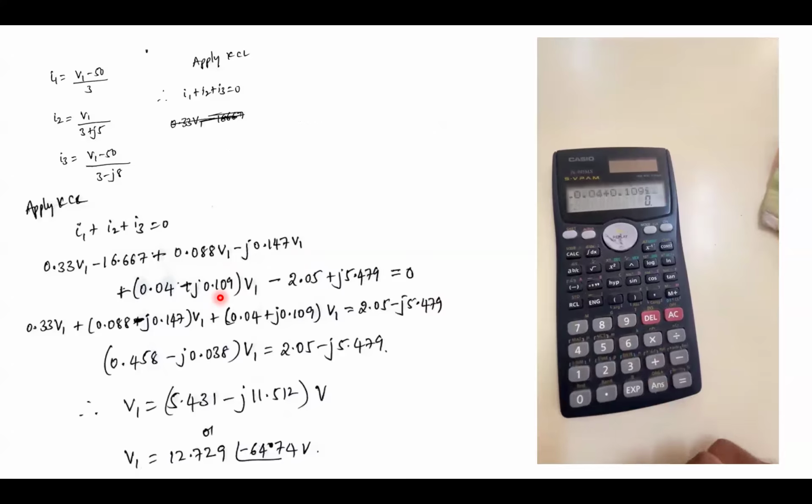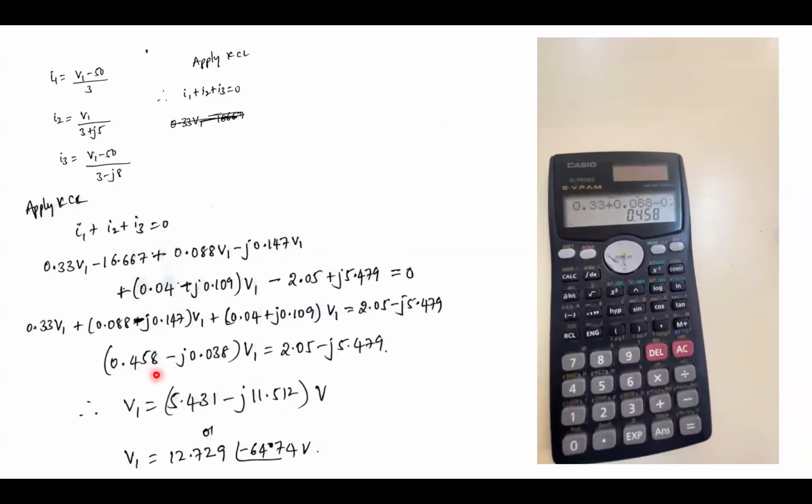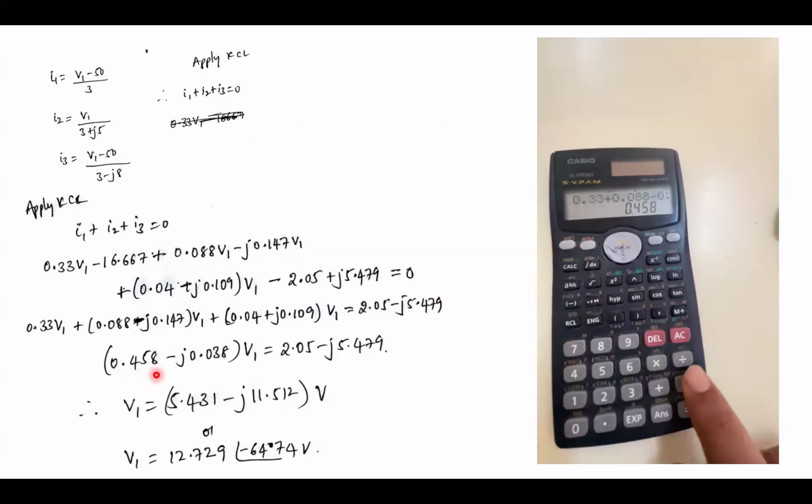So I'm taking V1 as common. I'll get the final answer as 0.458. Shift and equal, you'll get the imaginary term, that is minus 0.038 into V1. And the constant term is only minus 2.5 plus 5.479 I.